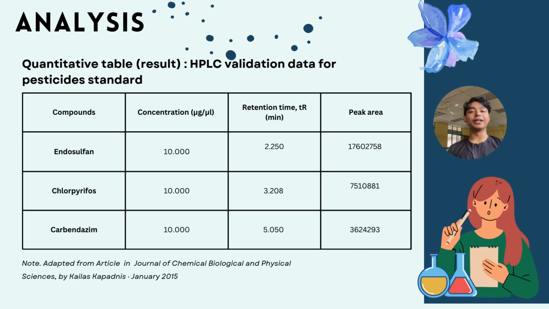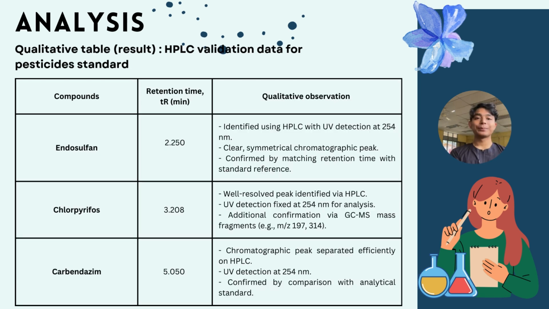Thirdly is the carbendazim. Again, the concentration was the same, which is 10 microgram, and retention time was the longest, at 5.050 minutes. The peak area was recorded around 3,624,293.